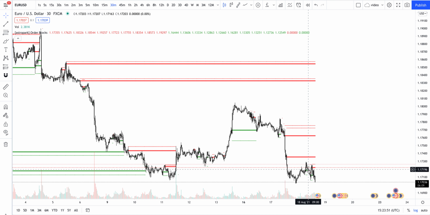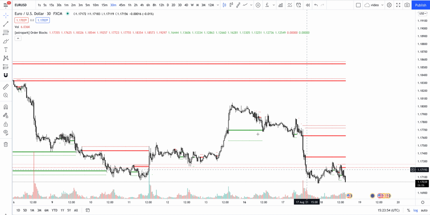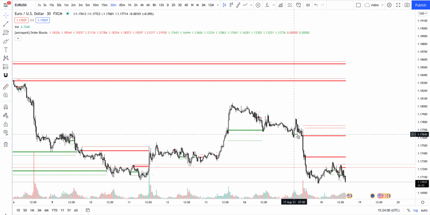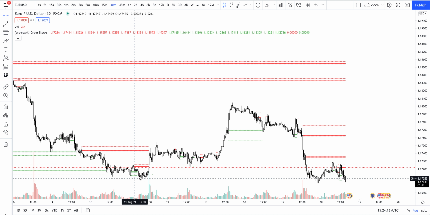So this demand here was perfectly hit, this supply was hit, so a new demand was formed and hit and bounced, and a new supply here and price dumped, where price dumped below the demands that were already broken.